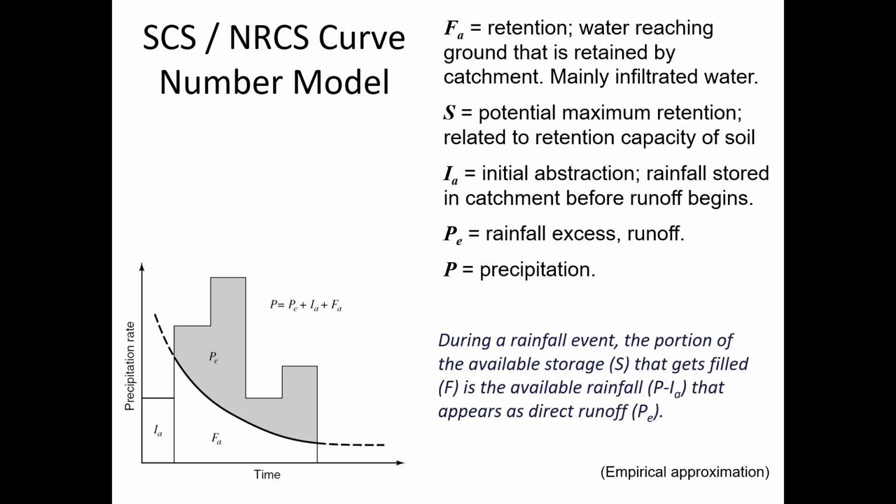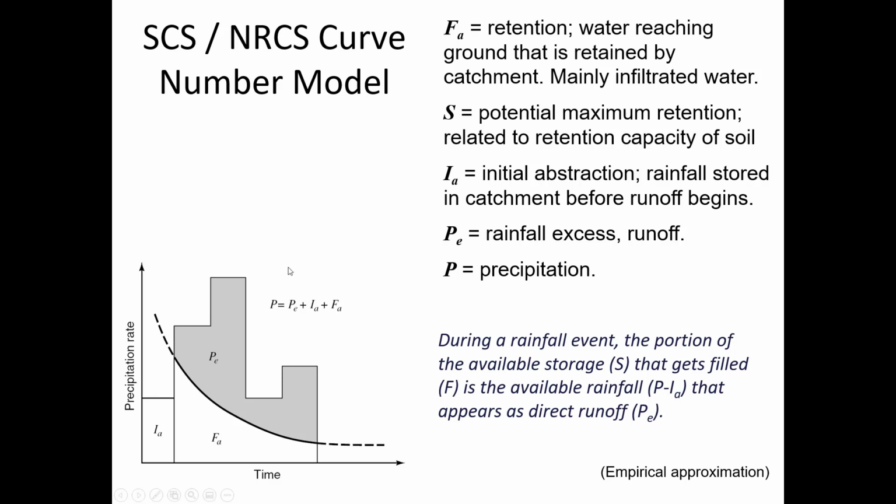And so here in the NRCS method, remember that all of these amounts, P sub E, F sub A, I sub A, they're all going to be units of either depth in absolute terms or depth per time if it's a precipitation rate. But then we would use a unit hydrograph to translate the depth of rainfall into a flow rate.